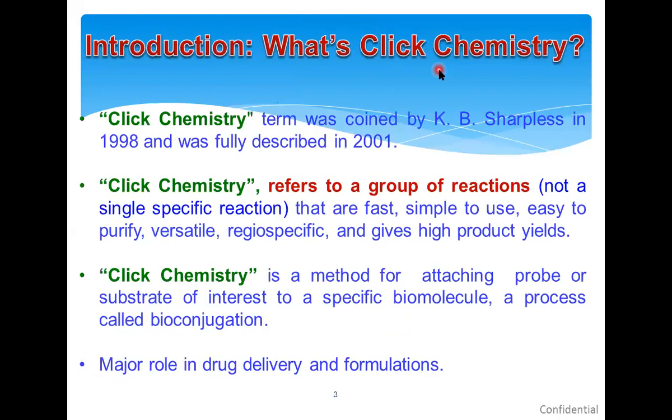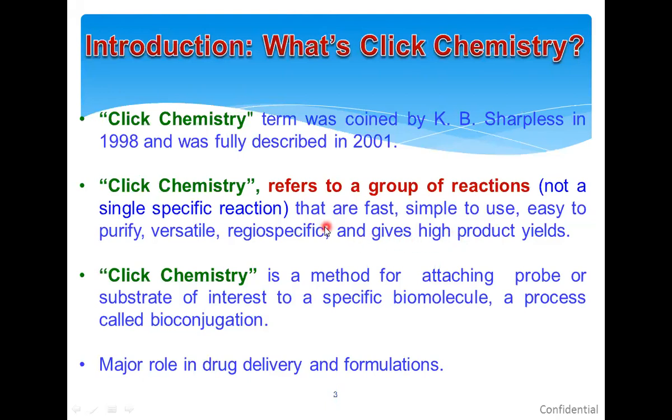To introduce what's click chemistry. Click chemistry was a term coined by Sharpless in 1998 and fully described in 2001. The term actually refers to a group of reactions. It's not a specific reaction, as you will see in the subsequent slides.